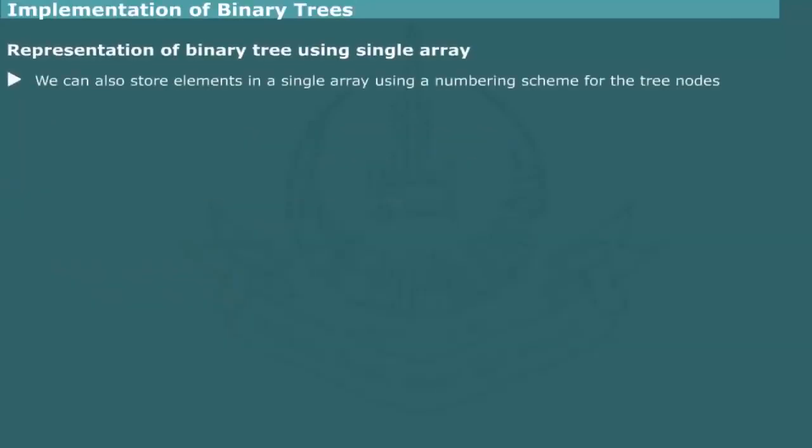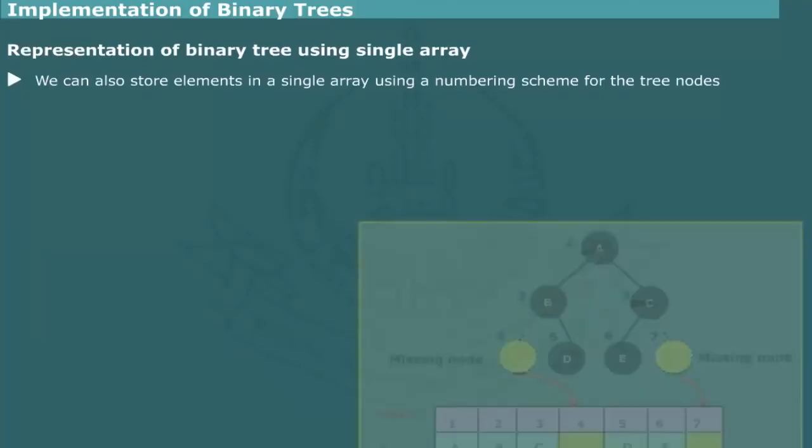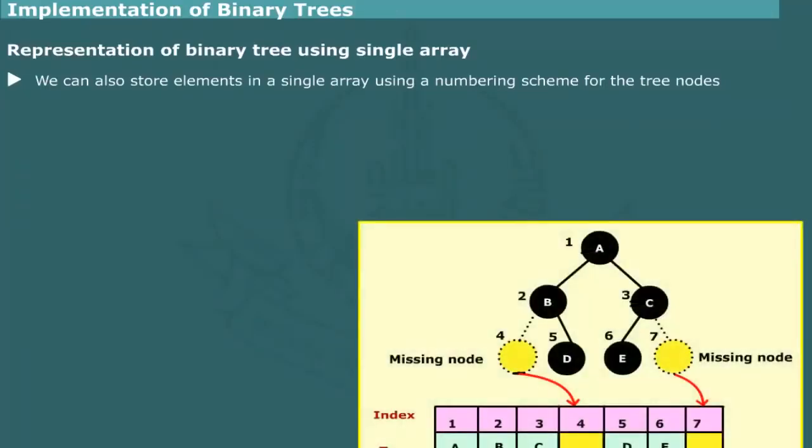We can also adopt a simpler approach to store elements of a tree in a single array of characters. It is based on a numbering scheme for the nodes of a binary tree. Figure shows a sample binary tree and its compact representation by an array of characters. The number next to a node represents the index value.